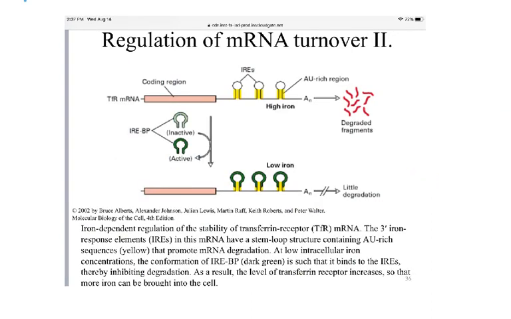So another mechanism of regulation is at the mRNA level itself. And it's a process known as mRNA turnover. So essentially, in this example here, we have an mRNA transcript that codes for a transferrin receptor.